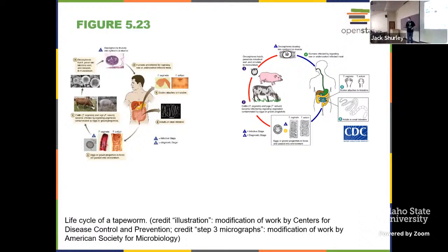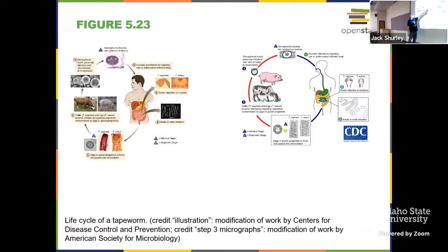If that meat is not thoroughly cooked, the larval stage is still viable within that, all right? And then it gets consumed. Then that larval stage, as it moves through our stomach acid and makes it into the intestines, the stomach acid stimulates it to say, hey, we're in business here, right? And now we get the adult stage of the worm growing within our intestine.